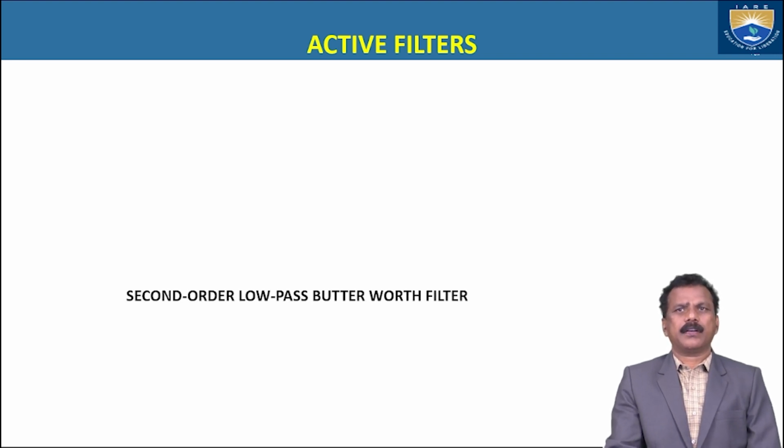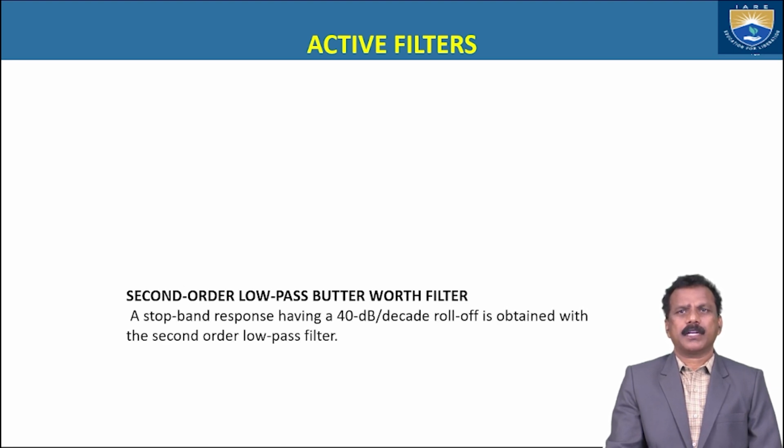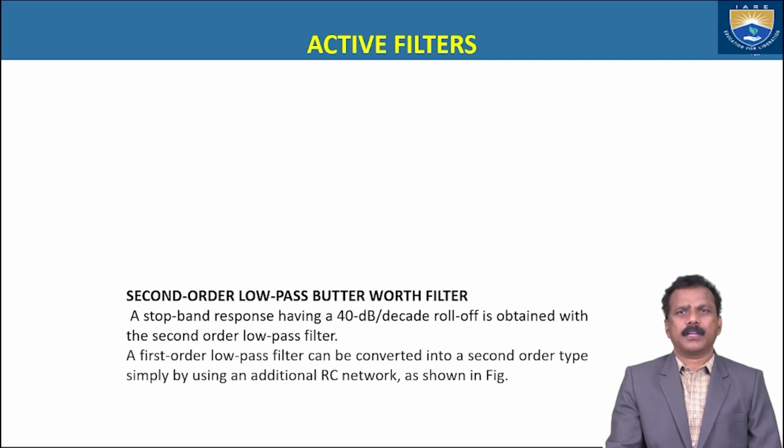Coming to the second order low pass Butterworth filter, a stop band response having a 40 decibels per decade roll off is obtained with the second order low pass filter. That means if we require this stop band response, the first order low pass filter can be converted into a second order type simply by using an additional RC network.